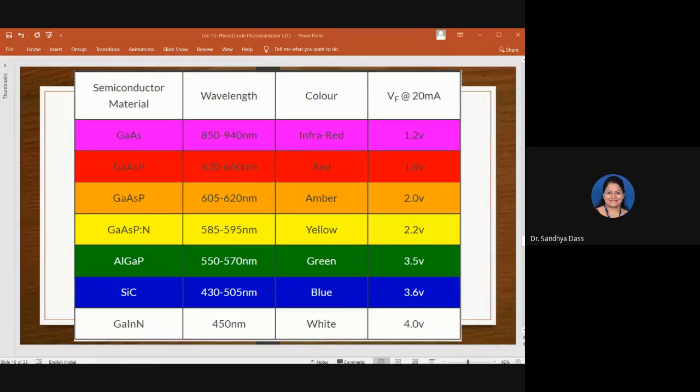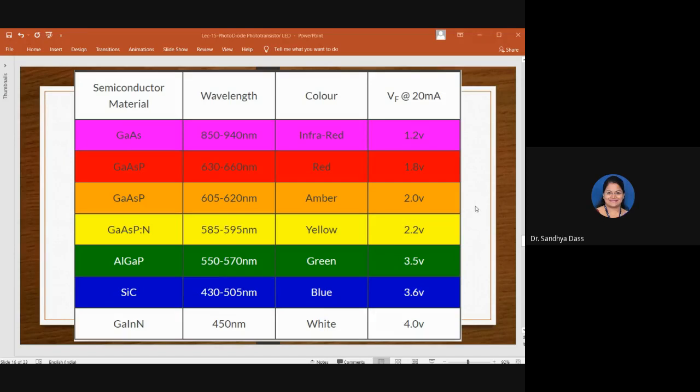So coming to the light emitting diode colors. How do they emit color, right? Unlike the normal diodes, which are generally made of germanium or silicon and used mostly for power rectification, isn't it? The normal diodes which we are familiar with.